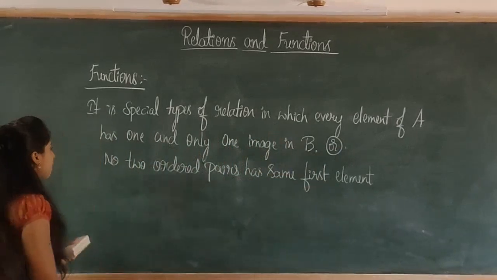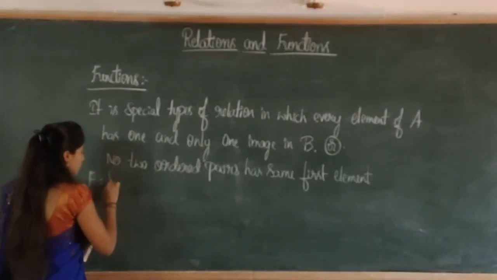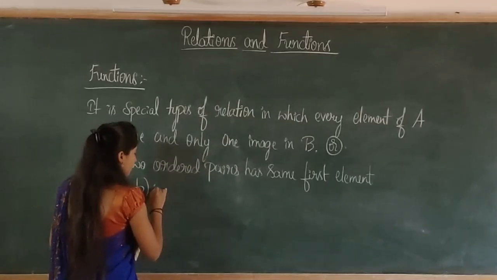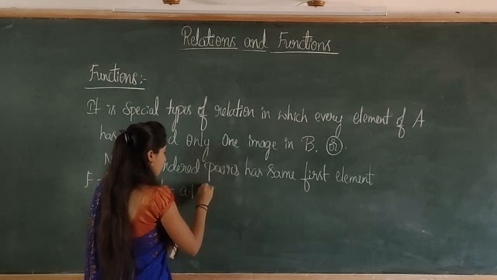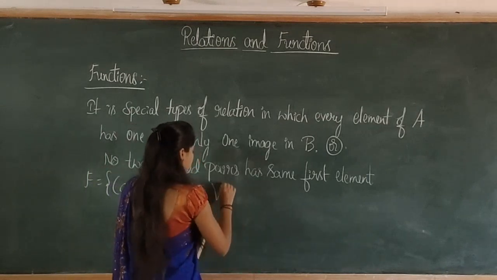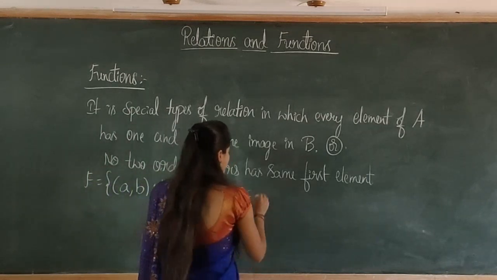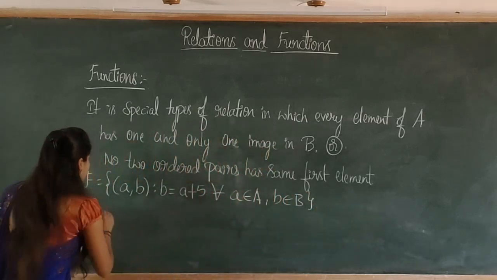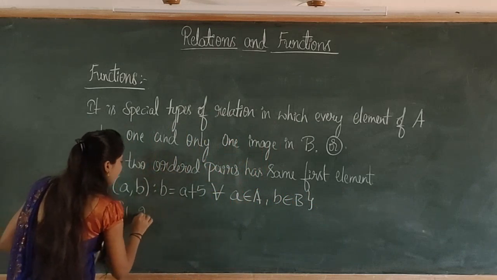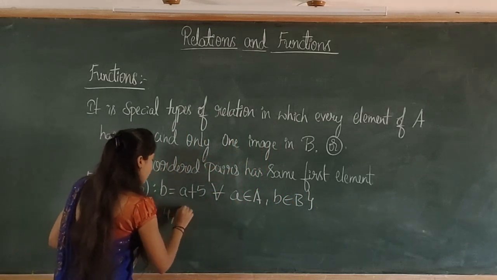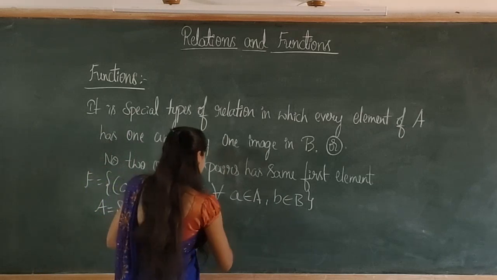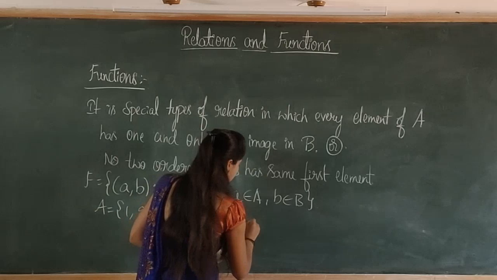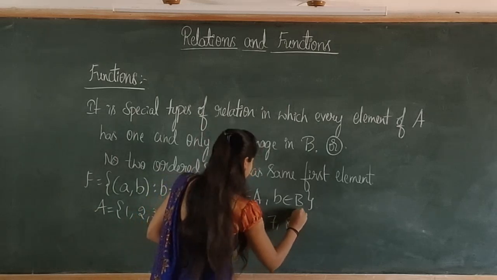I will give you an example. Function: the set of all (a, b) such that b is equal to a plus 5, for all a belongs to A, b belongs to B. Set A is equal to 1, 2, 3, 4, 5. Set B is equal to 1, 2, 3, 4, 5, 6, 7, 8.